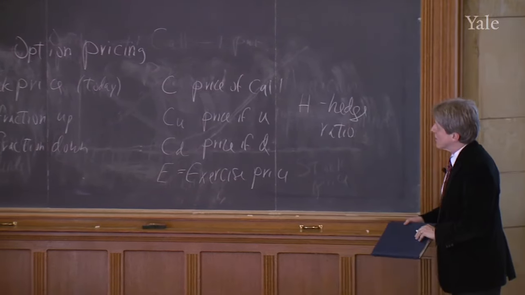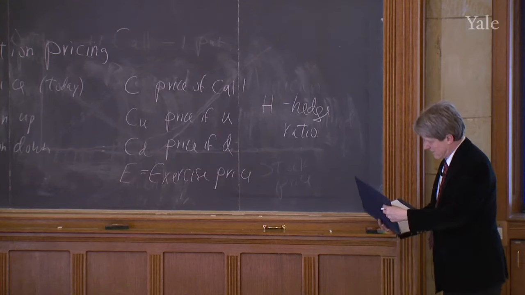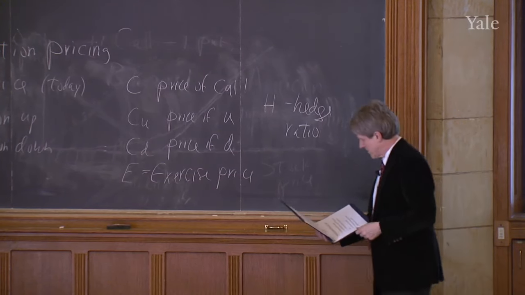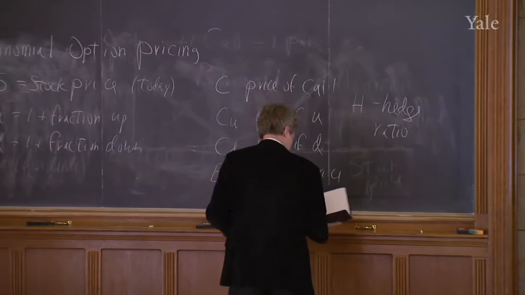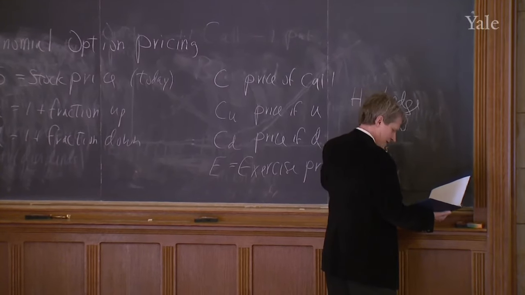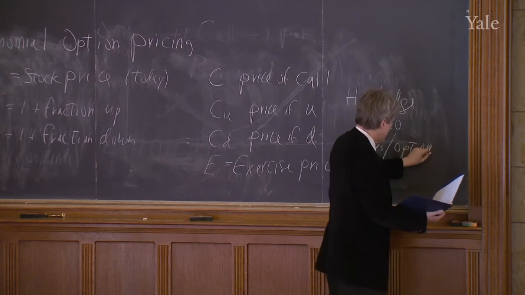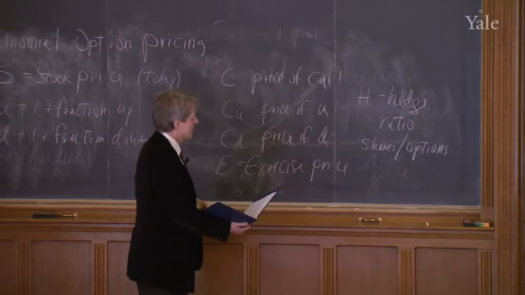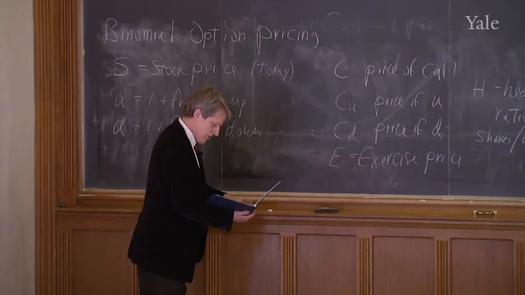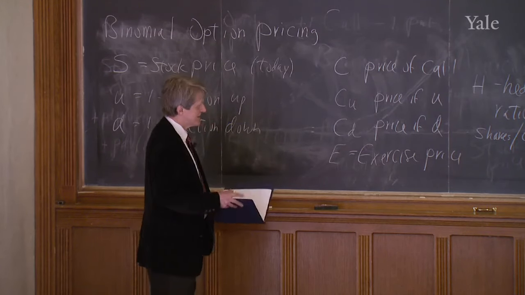I'm going to sell a call option to hedge the stock price, to reduce the risk of the stock price. Each option is to buy one share. Okay, so what I'm going to do is write one call and buy H shares.